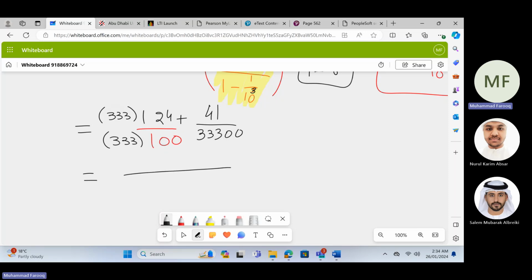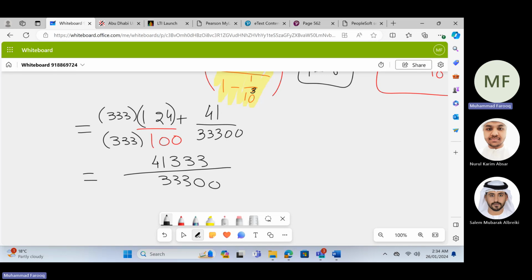So now you have the common denominator 33,300, and the numerator is 333 times 124 plus 41, which gives 41,333. Just check: when you put this up and down in the calculator, it gives one more simplified answer.